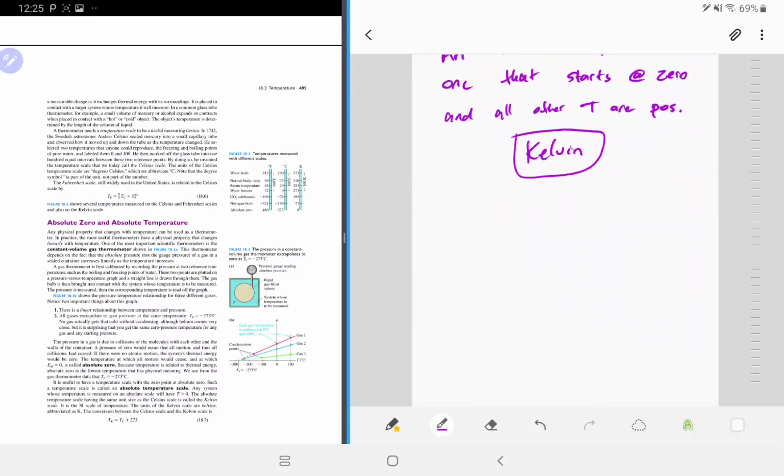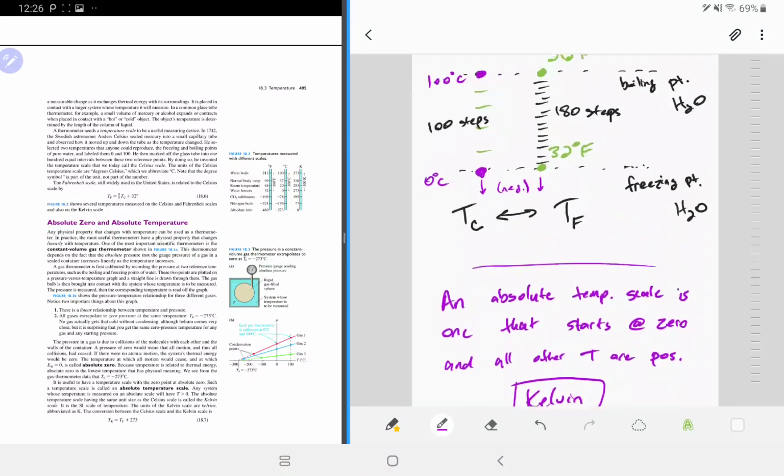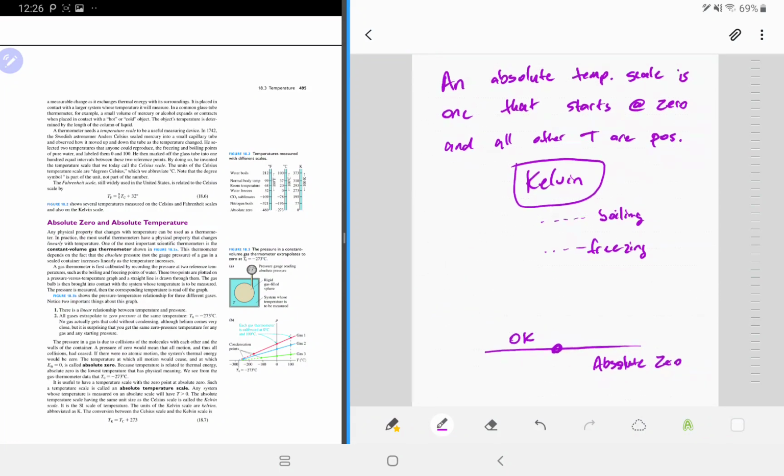And its step size, it starts off at 0. This is called absolute 0. The freezing point of water is up here, and the boiling point of water is up here. So we start off at 0 Kelvin. Remember, we need two facts to define a temperature scale. One of our facts is that it's going to be an absolute scale, so it starts off at 0. The other fact is that the size of the step is going to be the same as the Celsius one.